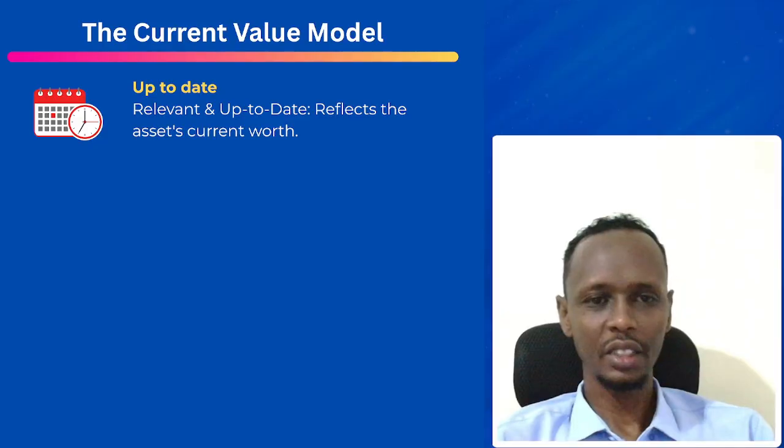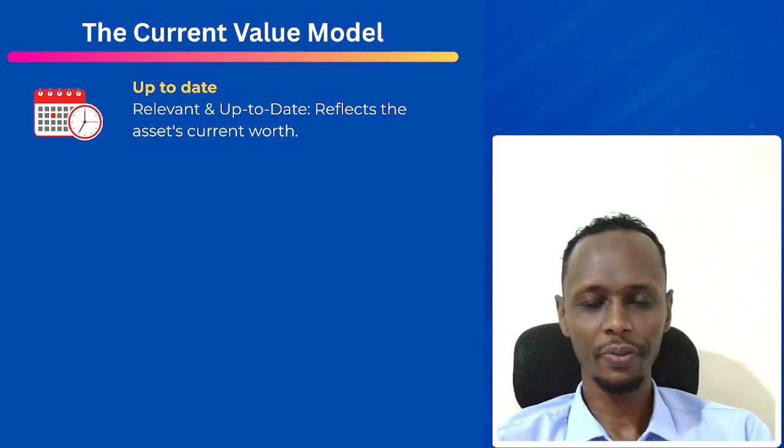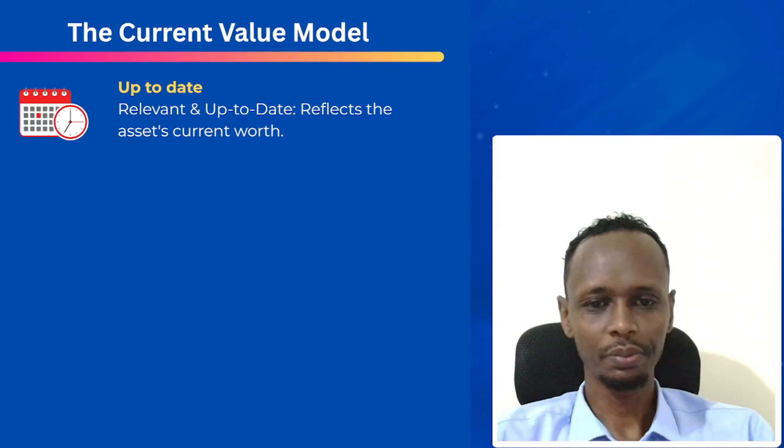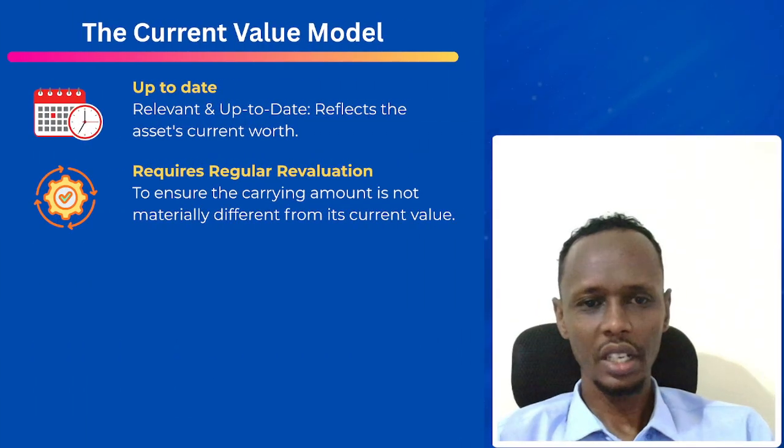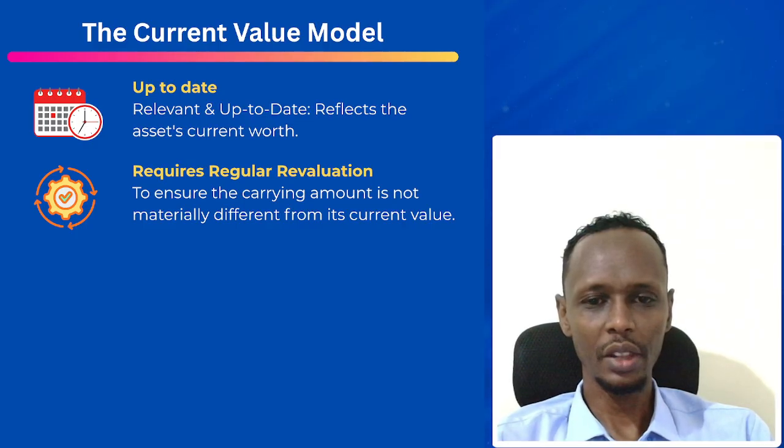So what is the current value model? Because it is related to the market value, it is more relevant and up to date. It reflects the asset's current worth. What differs from the historical cost model is that it requires regular updates to ensure the carrying amount is not materially different from its current value.